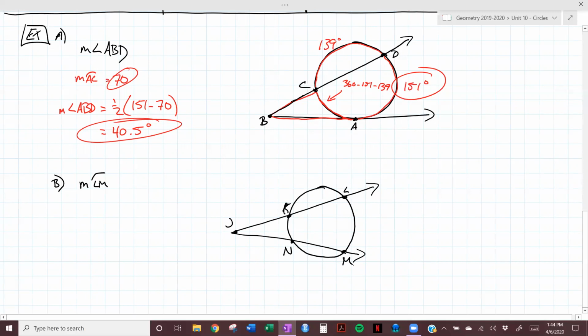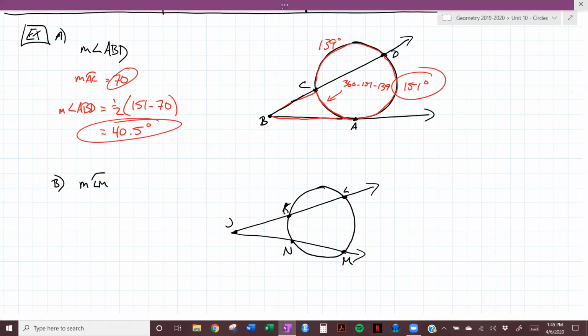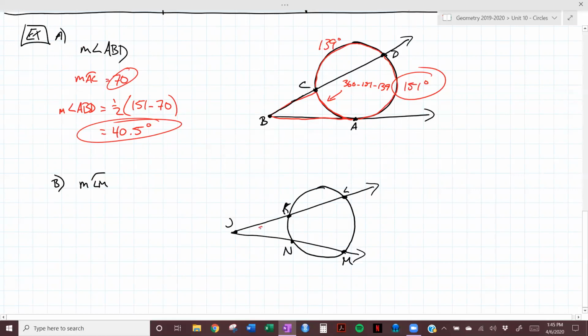So first we need to figure out, oh, sorry, I need to also add what our values are. So this is 34 degrees, okay? This is 3x minus 5, and this is 6x plus 6, okay?